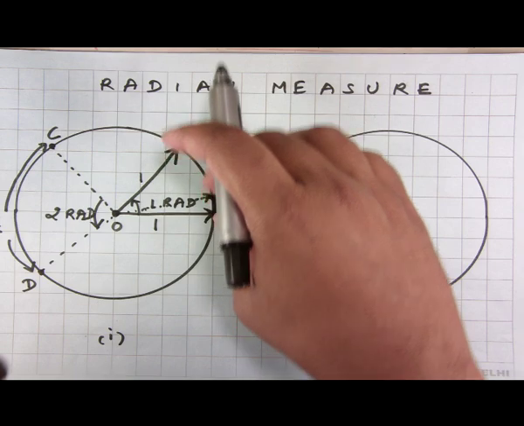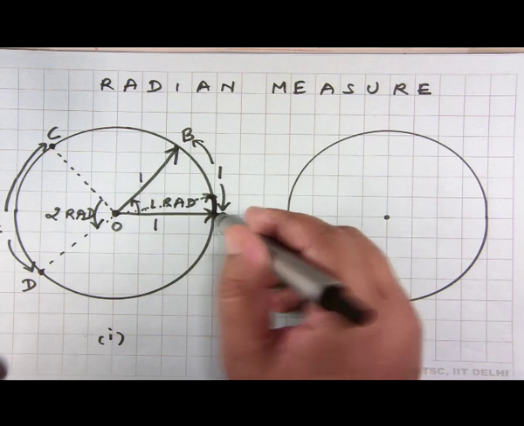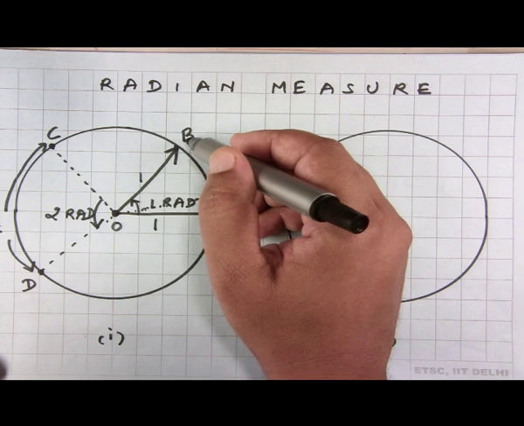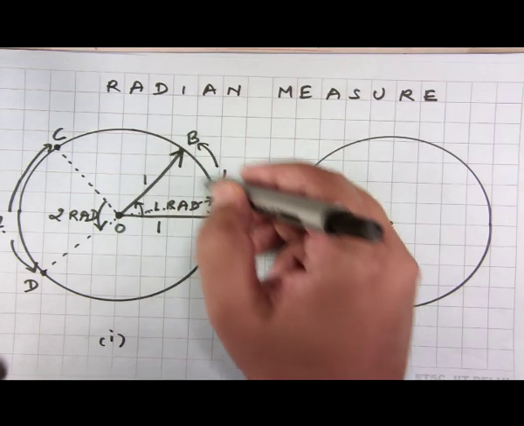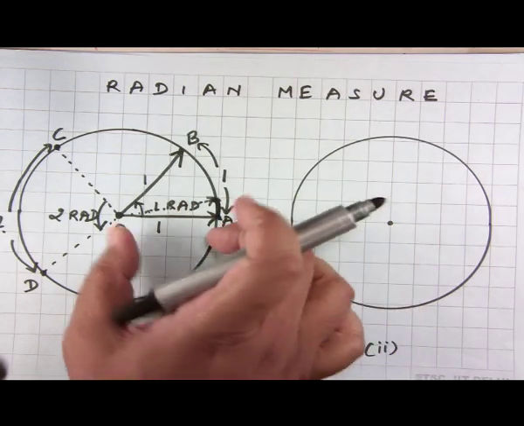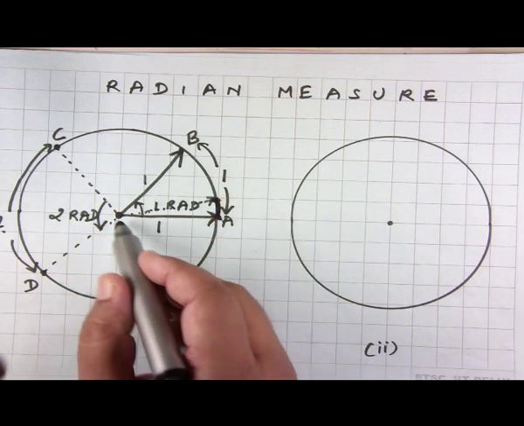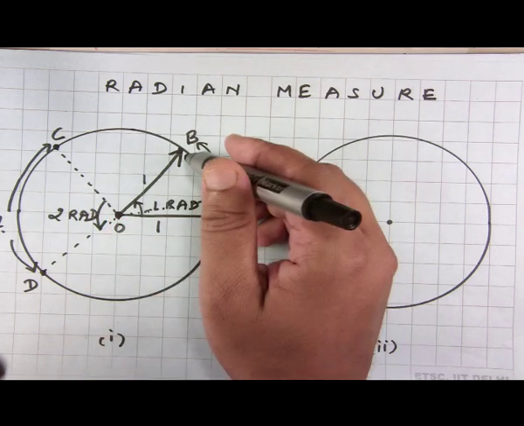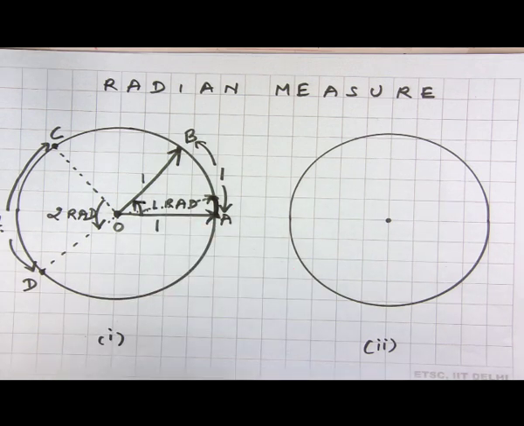If we keep on increasing up till a point, let us say, we started with the tip at point A, we move to a point B such that the length of this arc AB is also 1 unit, which is equal to the radius of this unit circle, right. So, when that happens, the angle of rotation is said to be 1 radian.